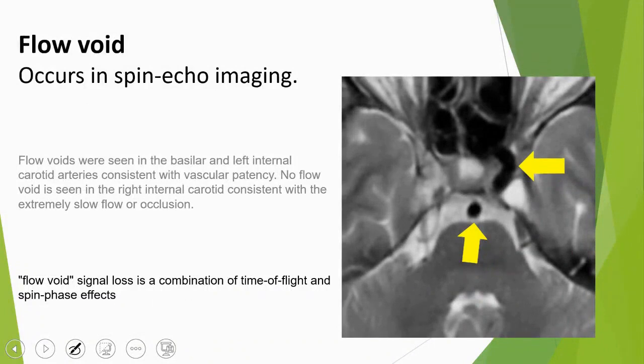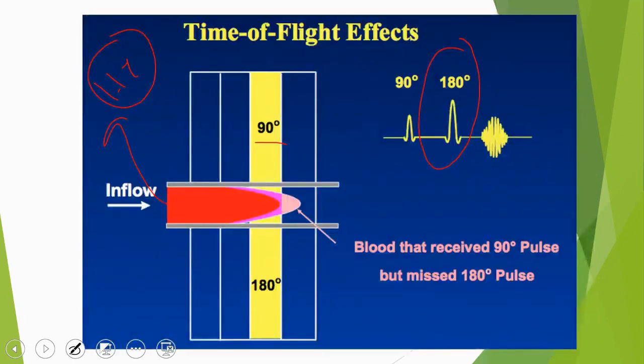The second point I want to mention is about the protons. They are moving, and as they move, I'm applying the phase encoding gradient. This phase encoding gradient will cause these protons, which are moving, to pass through different areas of the gradient.